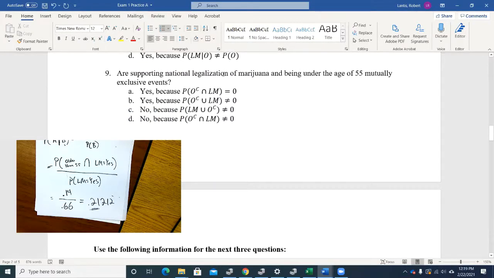If I'm asking you, is wanting marijuana legalized and being under the age of 55, so that would be O complement, are they mutually exclusive events? Right? So the only way we have mutually exclusive events is if those two things can't happen at the same time. If they can't happen at the same time, then their intersection has to be what?